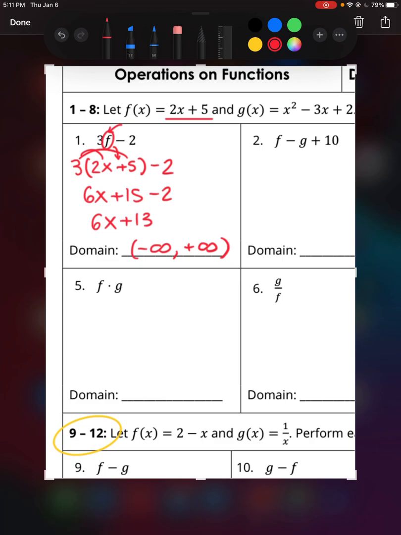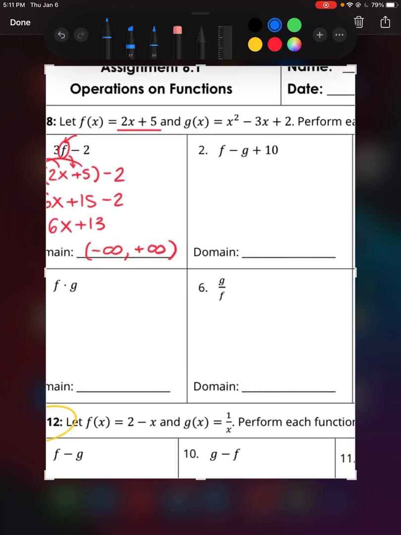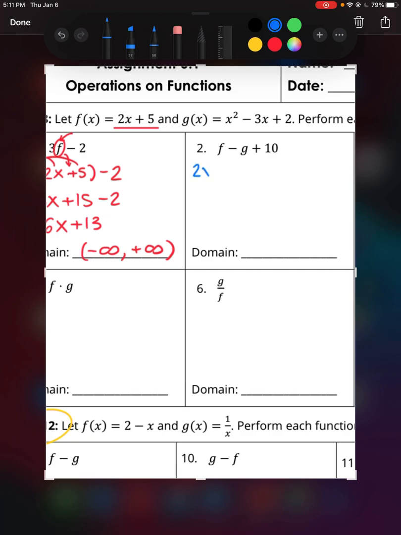Domain because it's just a linear function. Nothing to worry about there, no restrictions on the domain, okay? So, like number 2, you would do f of x, because it's f, minus g of x, plus 10. Distribute.